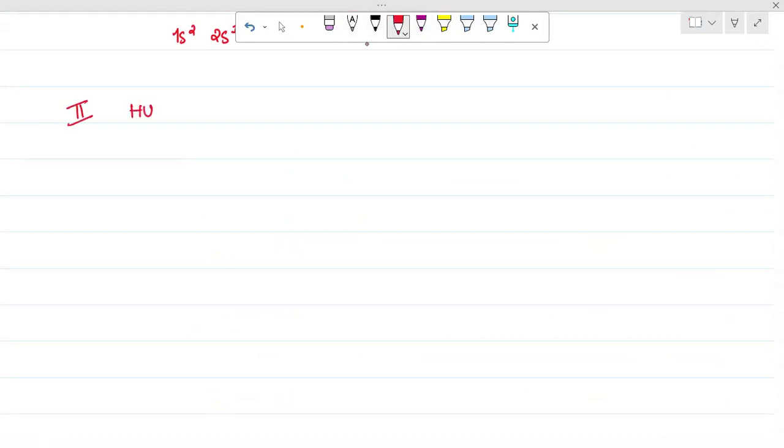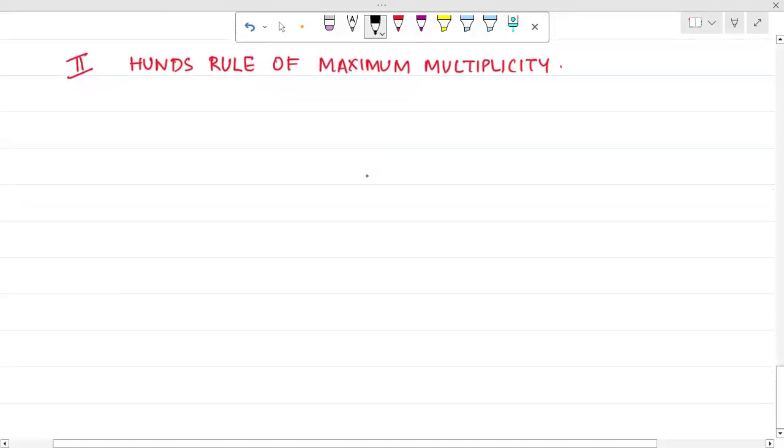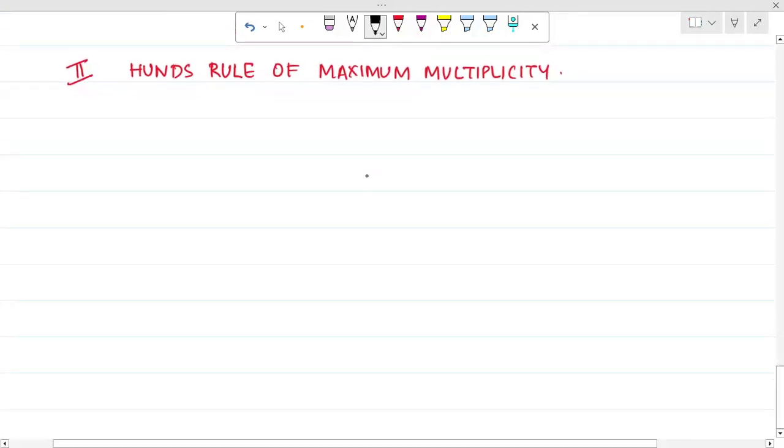Hund's rule of maximum multiplicity. You have already learned these things in your early school days. So what does it say? Take down the definition first, and then we'll do some problems for better understanding.